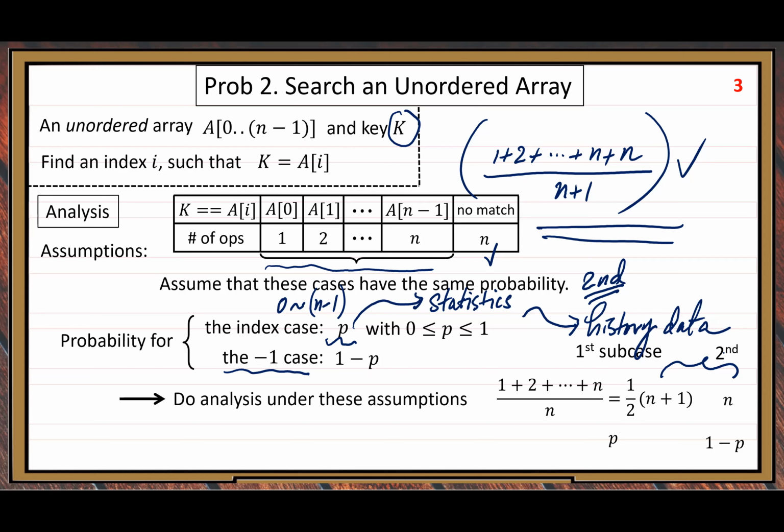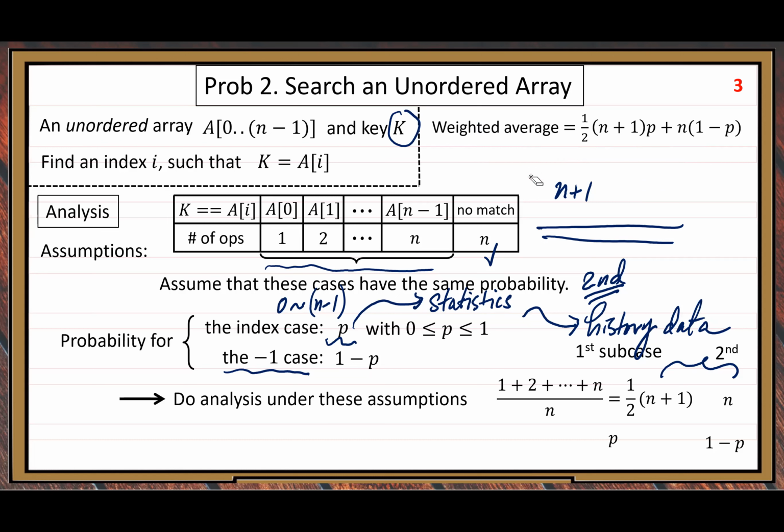Next, the way we do it is the weighted average. Have you heard of this term, weighted average? When we take the average, we need to factor in the weight. Let's look at this formula. It explains the meaning of the weighted average. First, this 1/2 (n+1) is the average number for the first subcase.